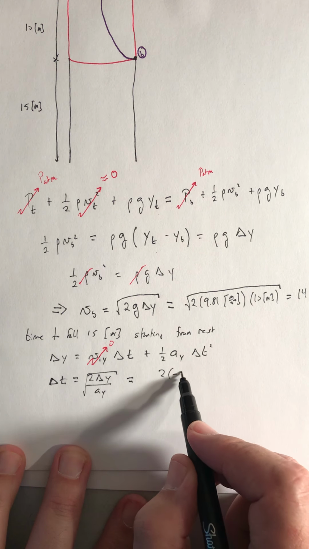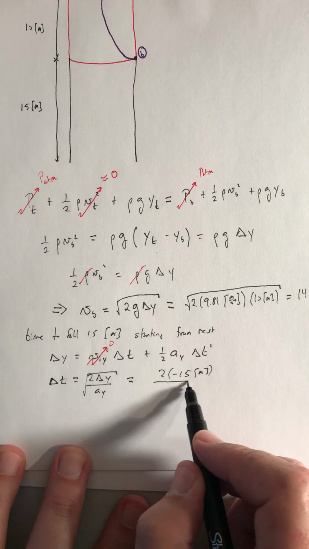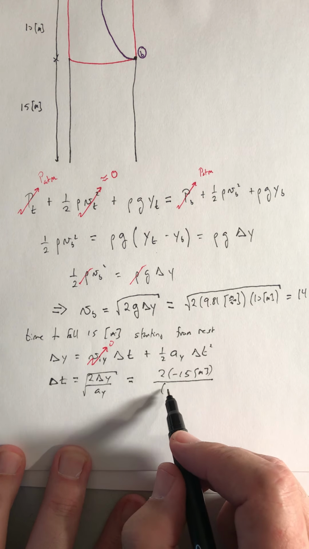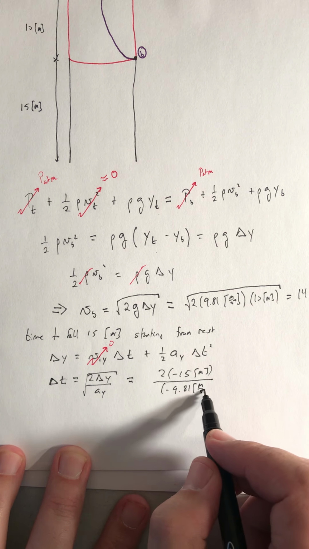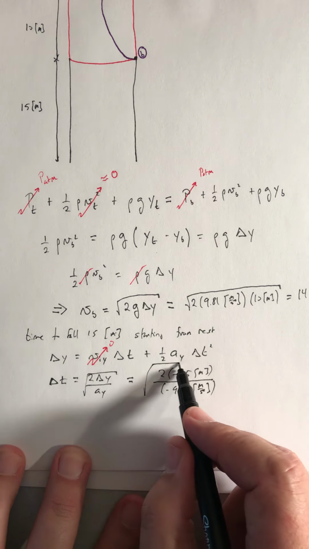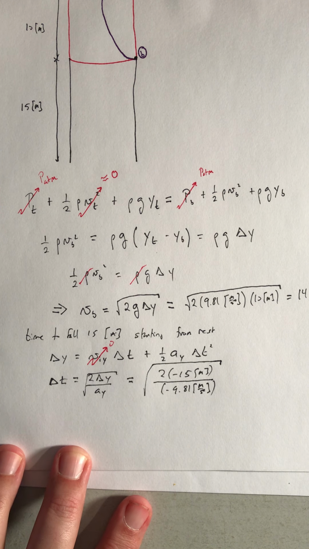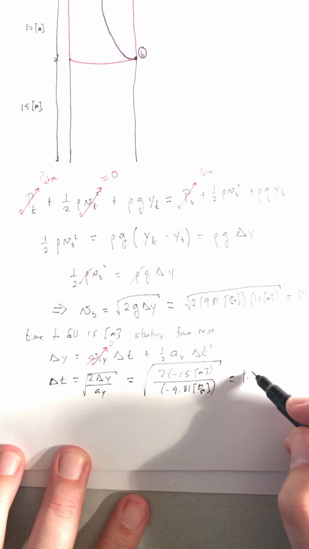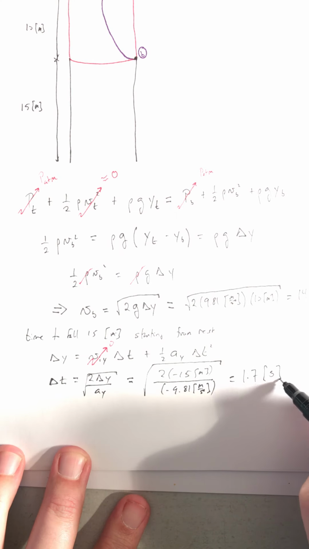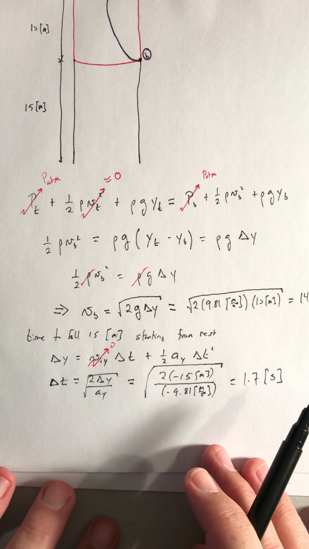It's going to fall through 15 meters, and acceleration due to gravity, if up is the positive direction, is minus 9.81 meters per second squared. And that gives us 1.7 seconds for the time for any part of the stream to be in the air.